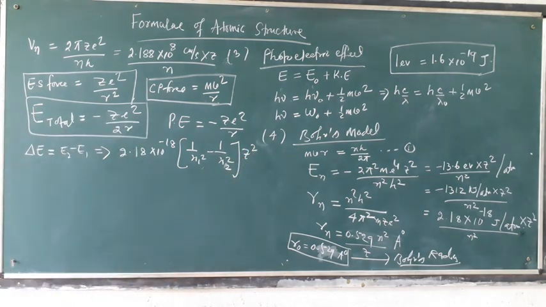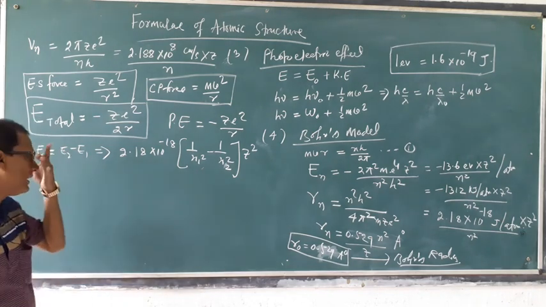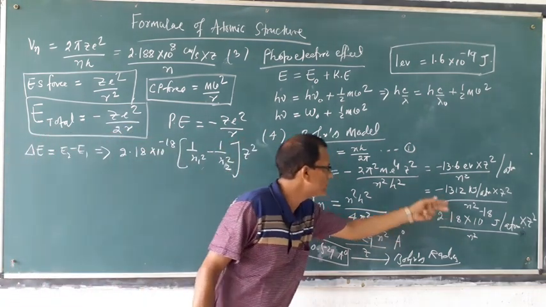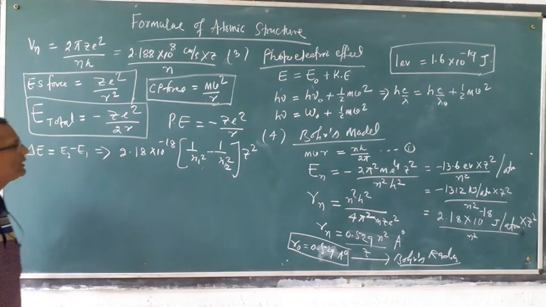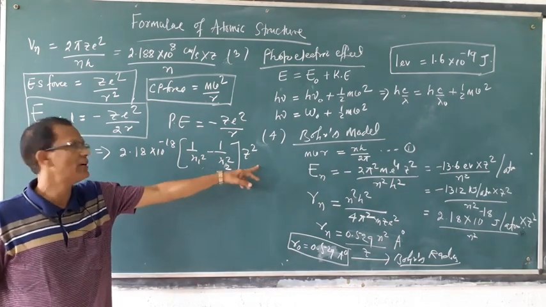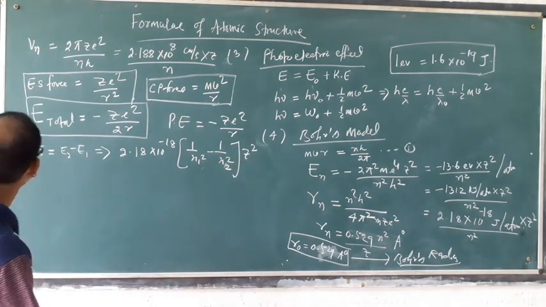It is very important. This gives how much energy is absorbed or emitted. Z is the atomic number of the atom.